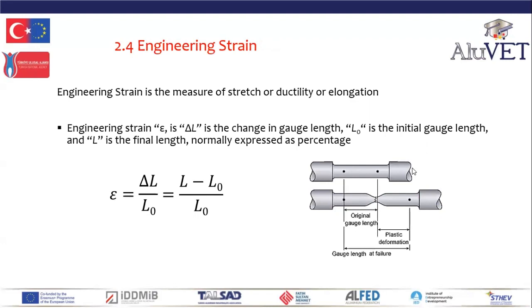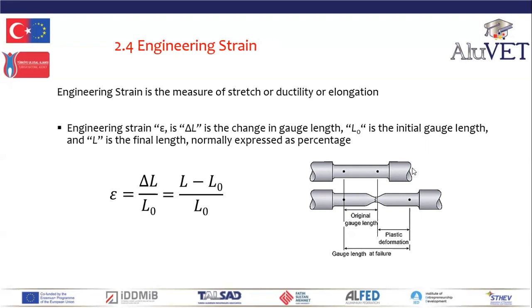We now need to consider engineering strain. An engineering strain is a measure of the stretch, or ductility, or the elongation. Now, in a tensile test, we measure plastic deformation in terms of the cross-beam movements, but that's not an engineering measurement.